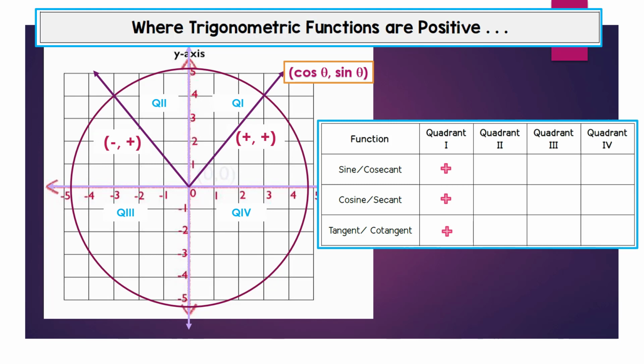So if I think about it still as cosine and sine, then in quadrant 2, sine is positive, but cosine is going to be negative, because that's my x coordinate. And so tangent and cotangent, they're going to be negative, right? When I do positive over negative or negative over positive, that comes out to be negative.